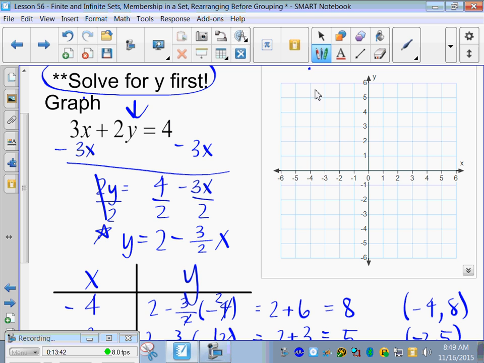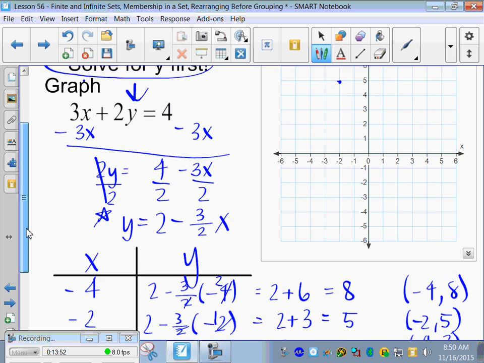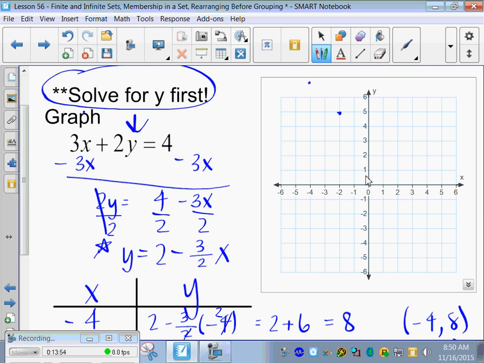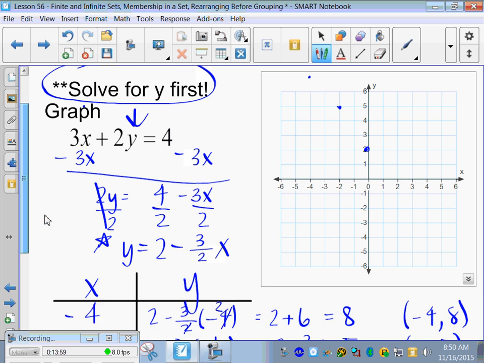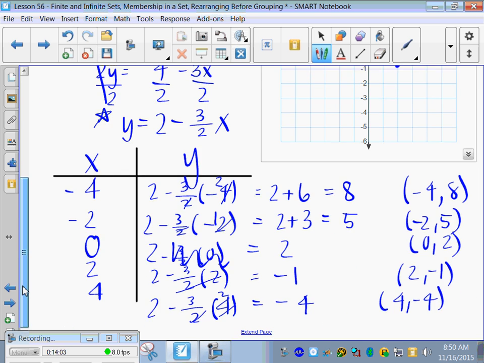That's not even on my grid. And then I have -2, 5. -2, 5 right there. What's next? 0, 2. 2, -1. And finally, 4, -4.